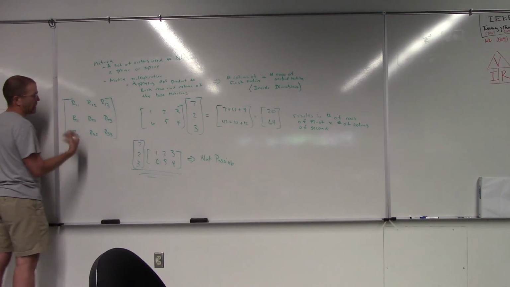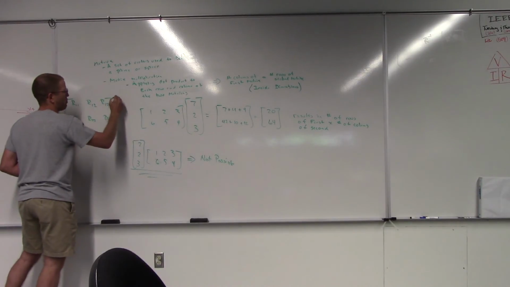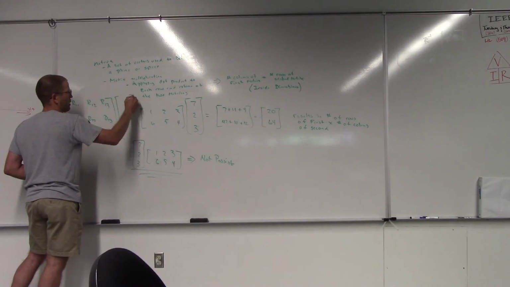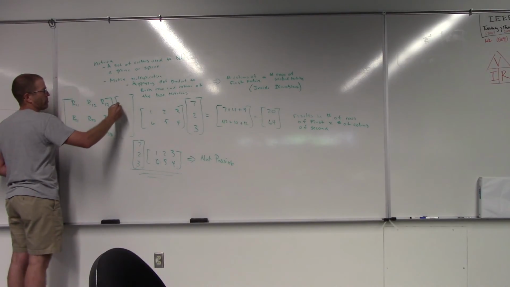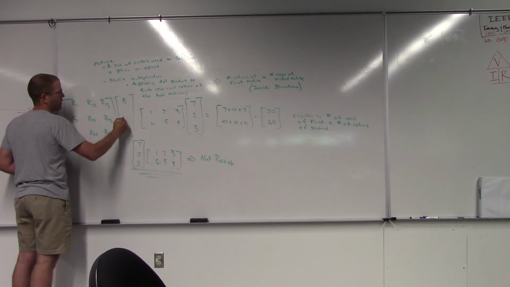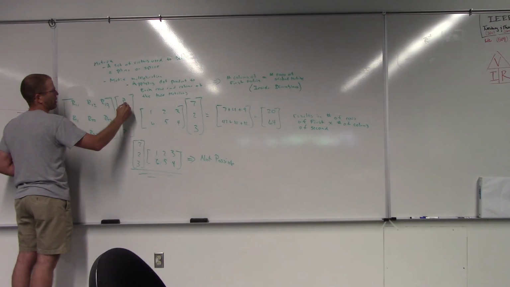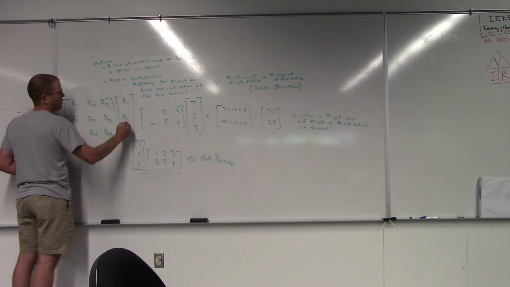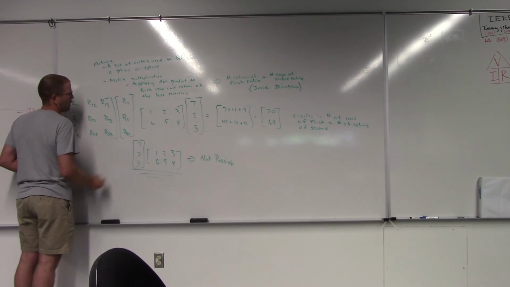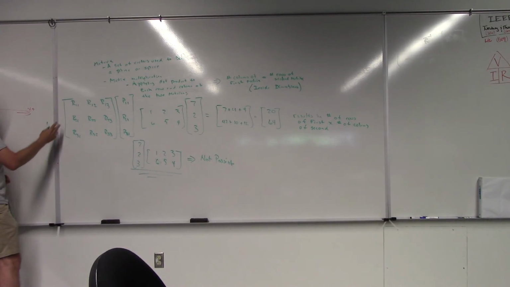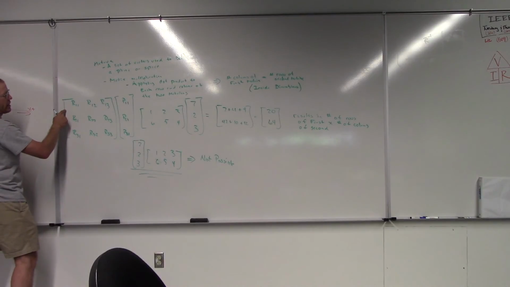So this will just be a rotation matrix, and we'll learn more about rotation matrices in a little bit. And then we'll have a position vector, P1, P2, P3.